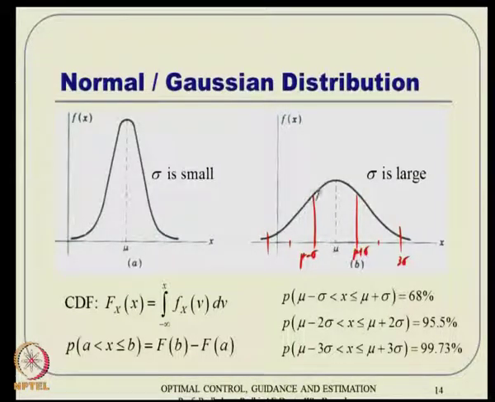That means if I take the area under this and divide it by the total area, it turns out to be 68%. And if I talk 2 sigma, between this interval now, it is much better. It is 95.5% already. If I take 3 sigma, it is 99.73%, and for all practical purposes, we typically stop at plus or minus 3 sigma value.